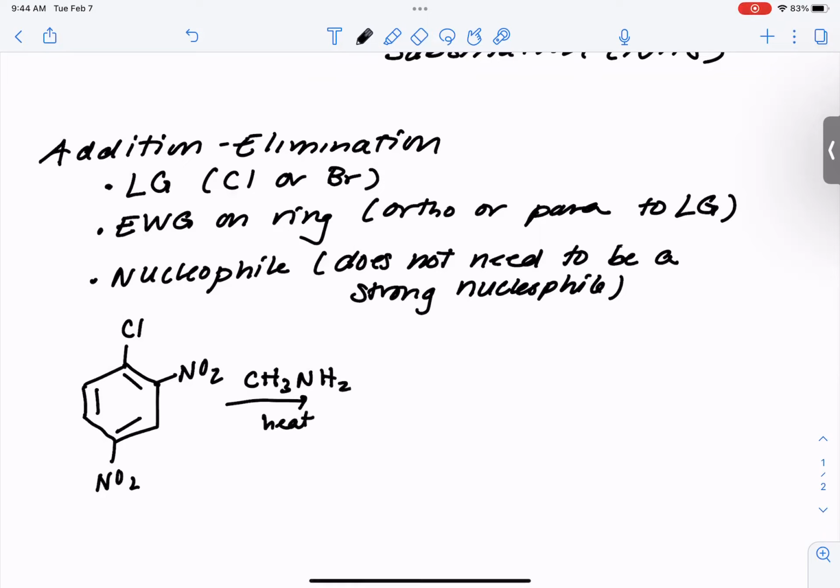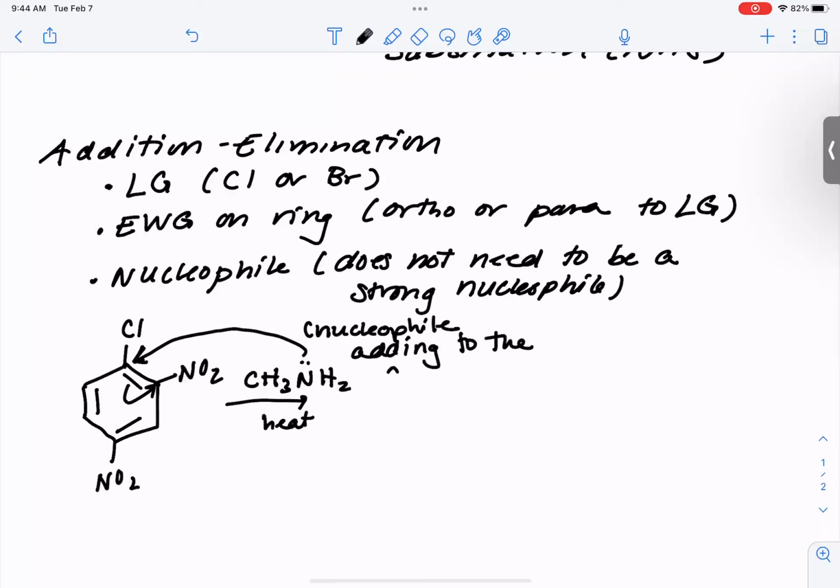The first step is the addition step, where the lone pairs are going to add to the carbon with the leaving group, and then the pi electrons go onto the adjacent carbon. So this is the nucleophile adding to the carbon bearing the leaving group.